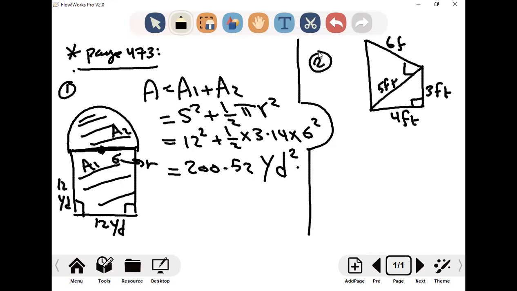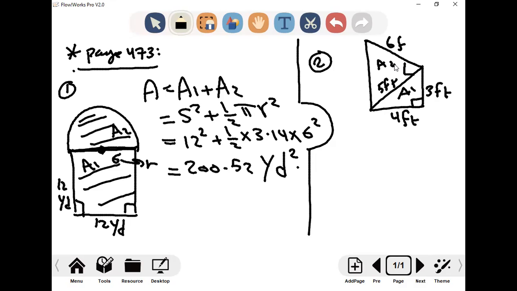Now we have two areas, A1 and A2. Let's start with A1. Before you start solving, be sure that your dimensions exist, that everything is there, so you are ready. So here in A1 we have a triangle. To find the area of a triangle, we know the formula: half base multiplied by height. What's the base of A1? 4.